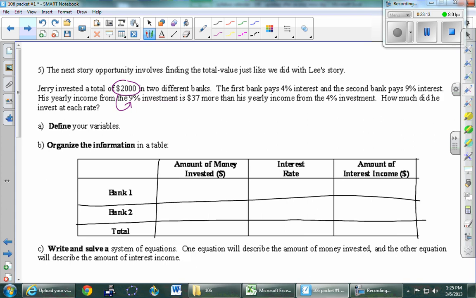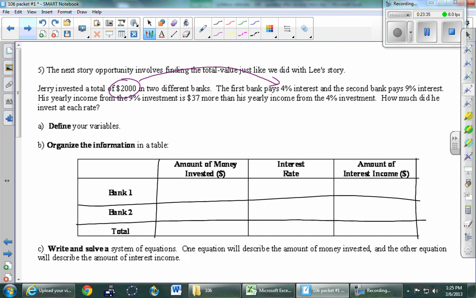All right, so in that case, we'd get $180 of interest from the high interest rate, nothing from the lower interest rate because we didn't put any money there. And is one of them 37 more than the other? No. Okay, on the other extreme, you could say that all 2,000 could go into the 4% interest rate. And we'll get $80 from the one and nothing from the other. They're still not 37 apart.